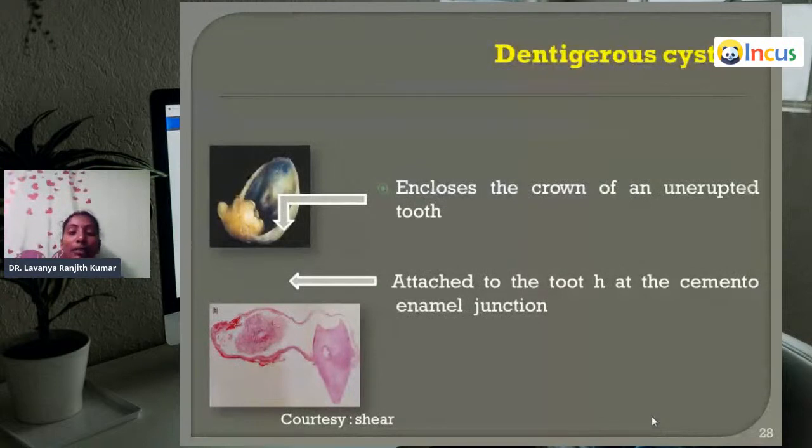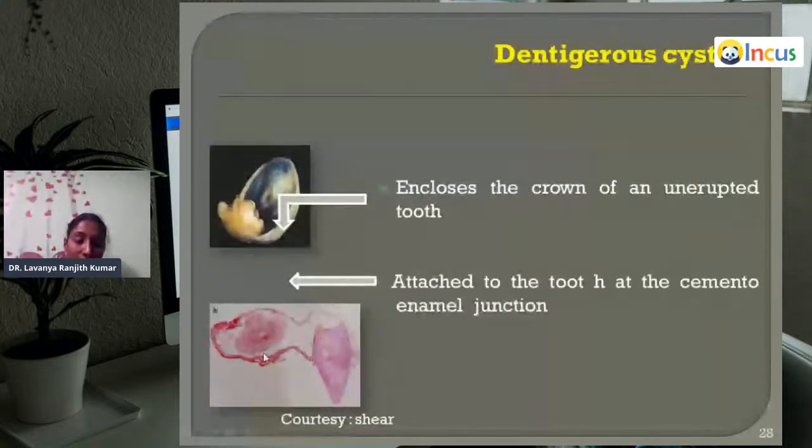So a dentigerous cyst encloses the crown of the unerupted tooth, and it is attached to the tooth at the cemento-enamel junction. See, it is attached to the neck of the tooth.